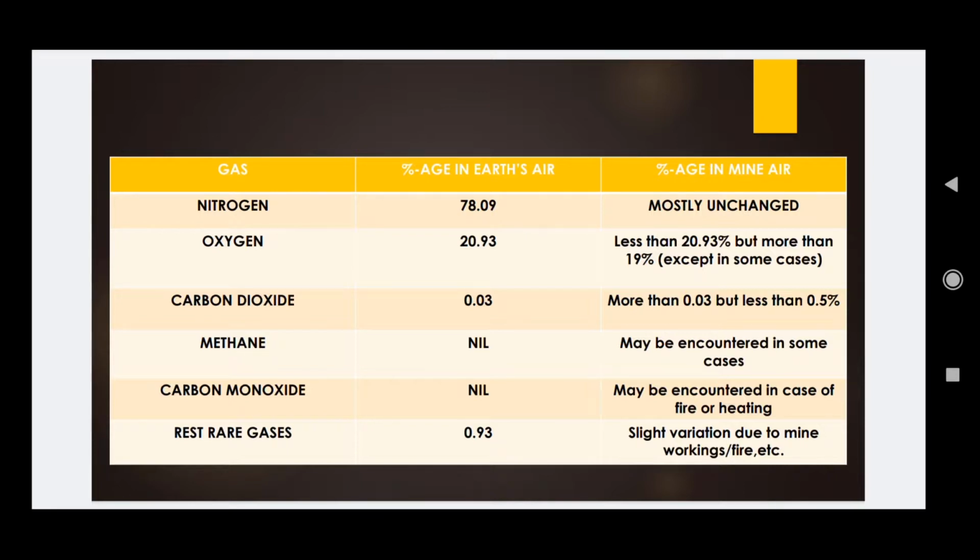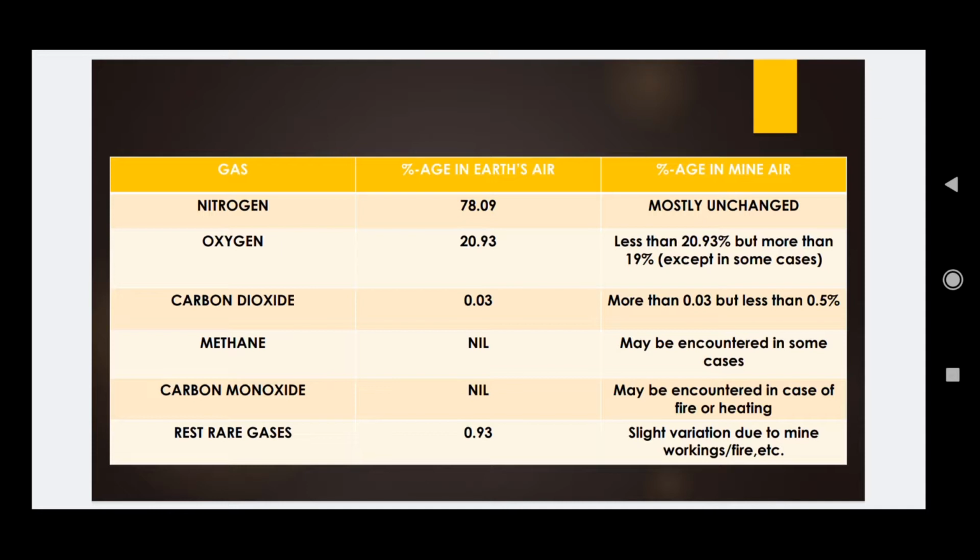Second is oxygen, which is 20.93%. But in mine air, due to many mechanisms like breathing of men, burning of the flame safety lamp, heating, and machines working, these reasons are responsible for a slight depletion of oxygen. But by regulation, 19% is the minimum amount of oxygen that should be present in the mine air.